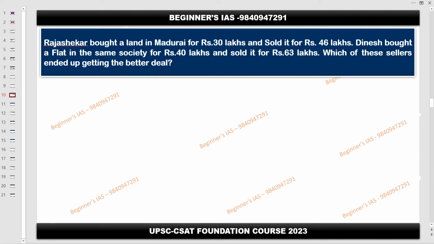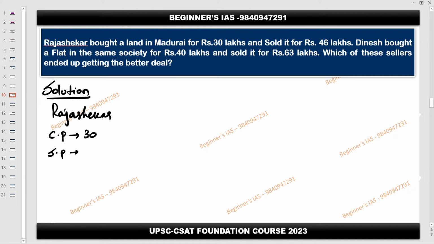Dinesh is getting better, yes, sir. So here, regarding Rajshekar, CP is 30, then SP is 46.